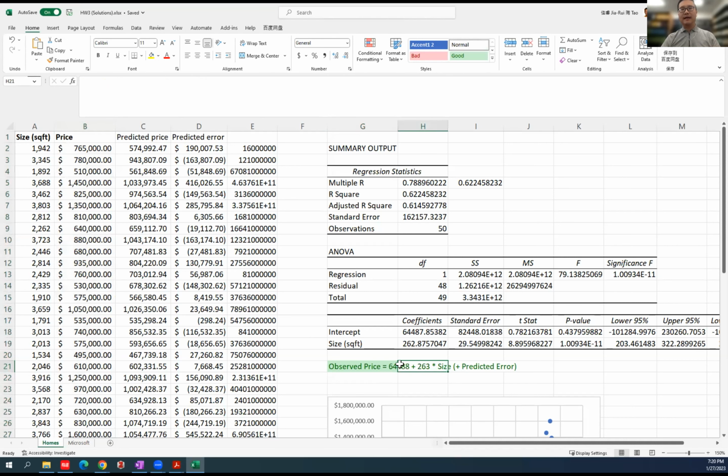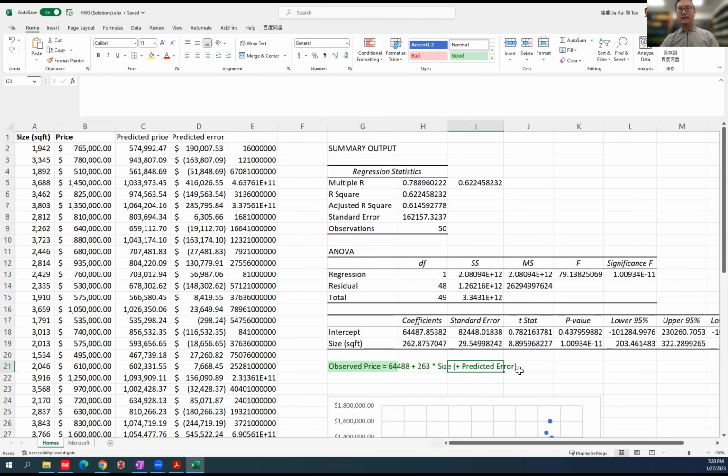And we place the coefficients as intercepts and slope to make the equation complete. So the model tells us that we can predict the price out of an intercept plus the slope of the square footage times the square footage. So that's why it shows here.